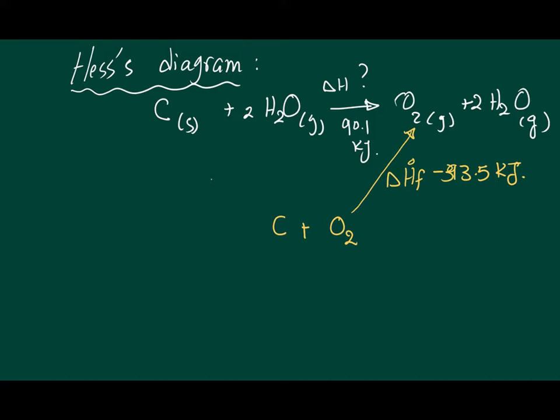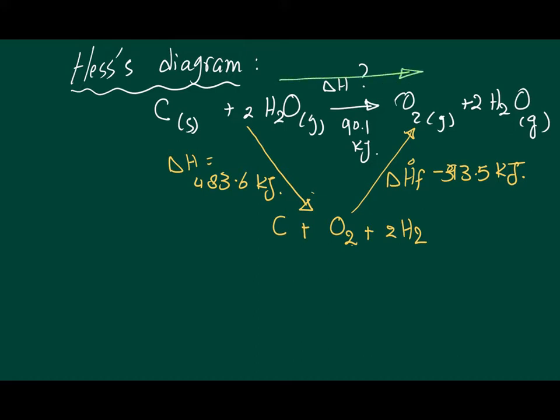Remember, the 2H2O that were used to produce O2 and H2. So we are going to write H2 again here. And the delta H for this part of the reaction was 483.6 kilojoules.